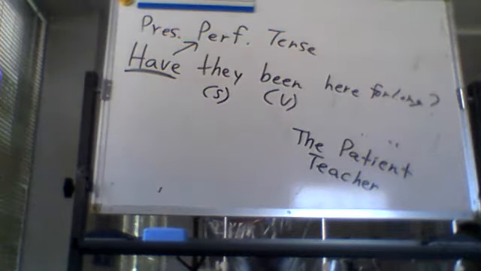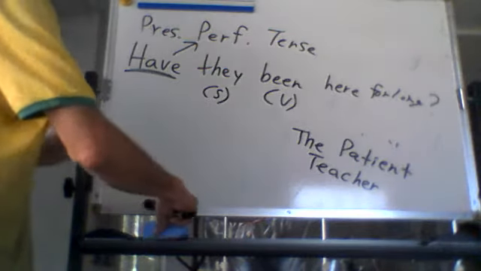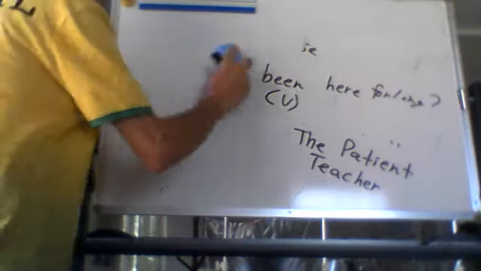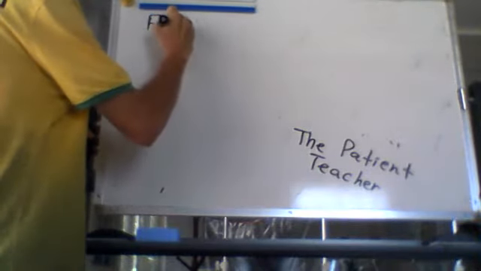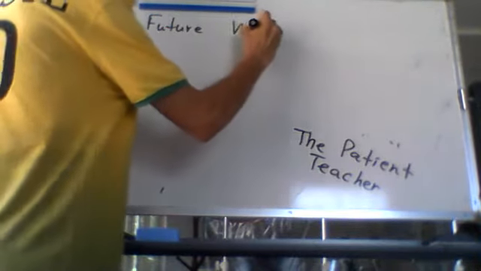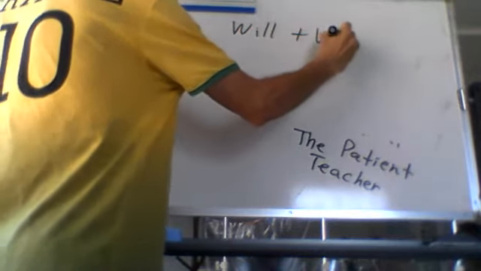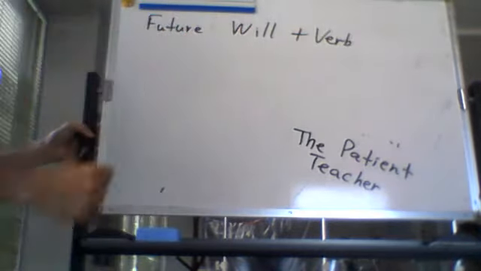Now, is there anything else we need to know? Yes, if we use future tense, right, then of course we're going to use will. Will goes with a verb for future tense, right?